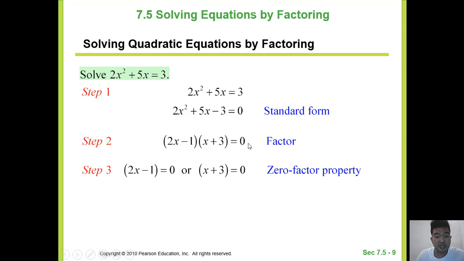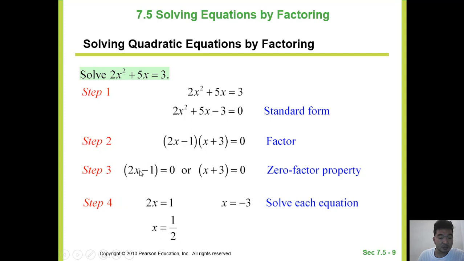Then step 3 is to apply the zero factor property. These two factors are both set equal to 0 because we know that one of these factors can be 0, since their product is equal to 0, and that is the zero factor property. Step 4 is to solve each equation, meaning we solve for x.